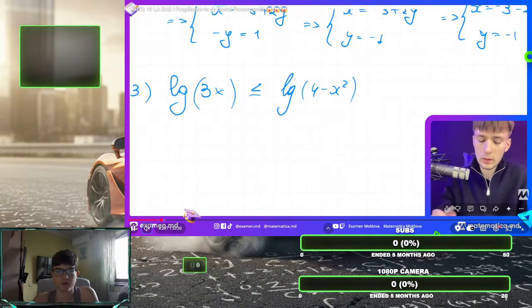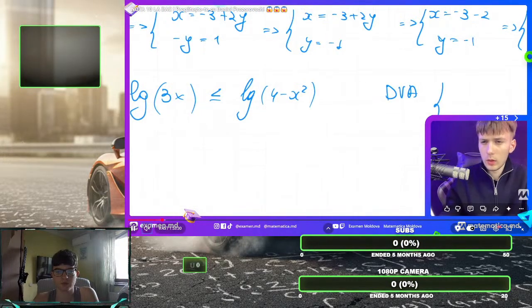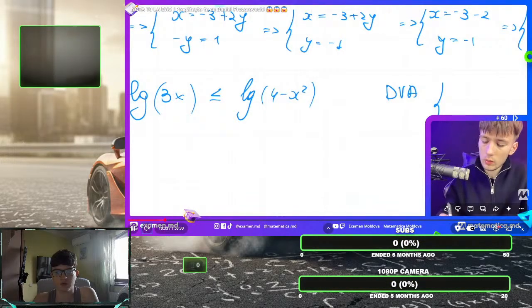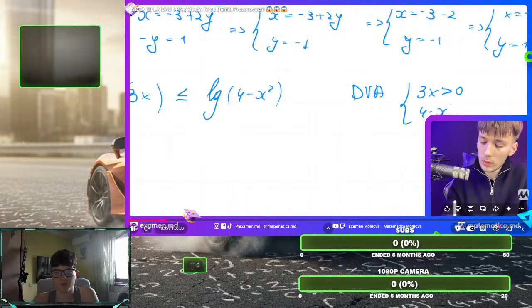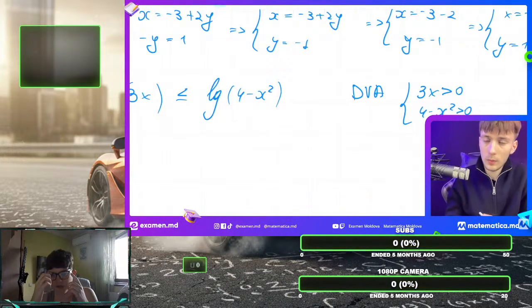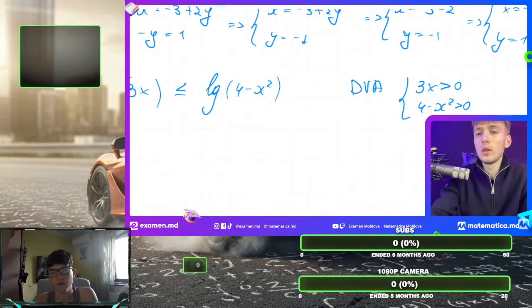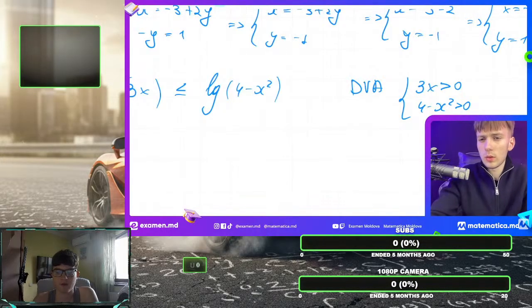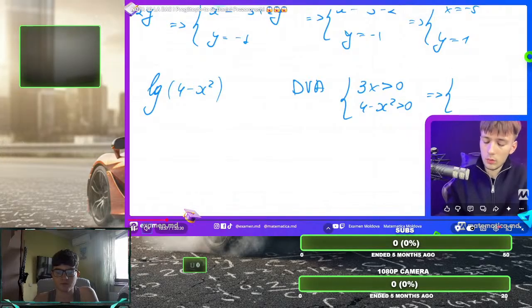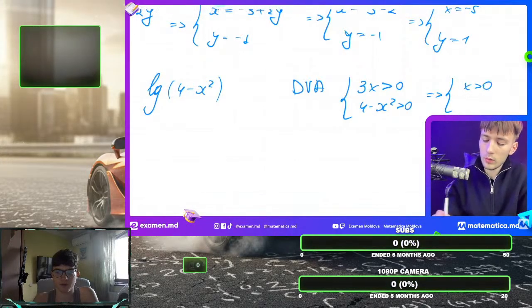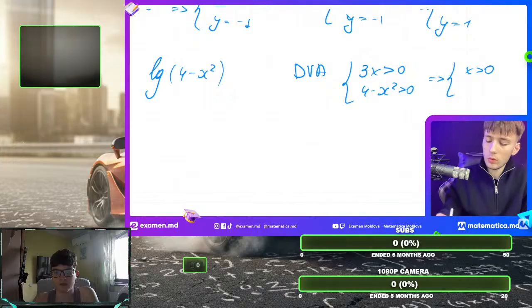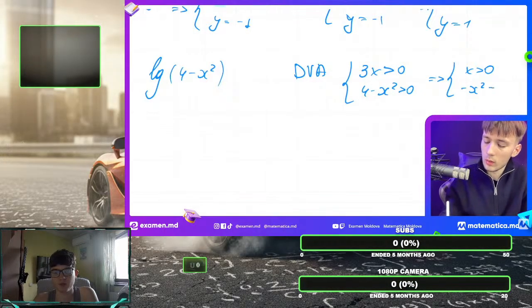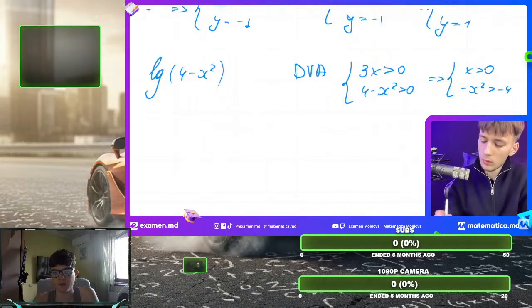Alright, so let's get this straight. The DVA actually is bigger than just 0, not actually bigger or equal to. Like I said, I don't know the conditions so well, so I'm just assuming. Now, first one is just like that, and the second one, it will be bigger than -4, right?